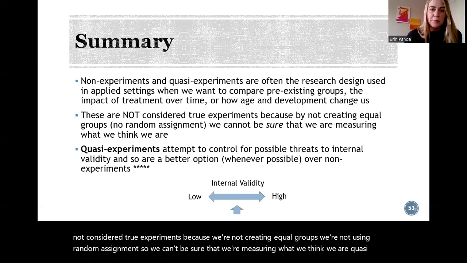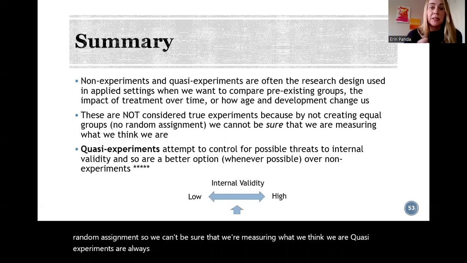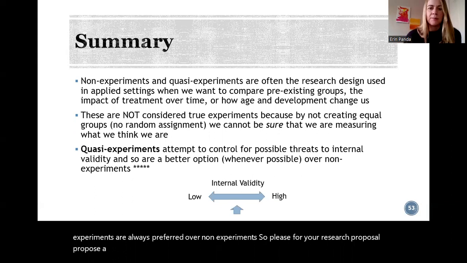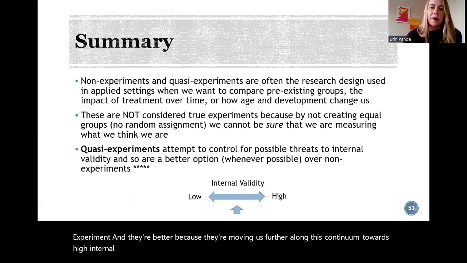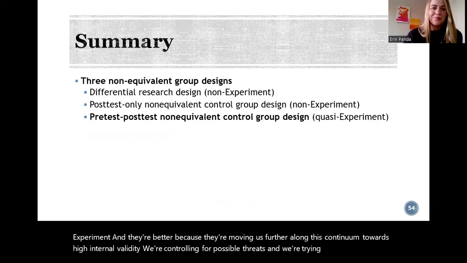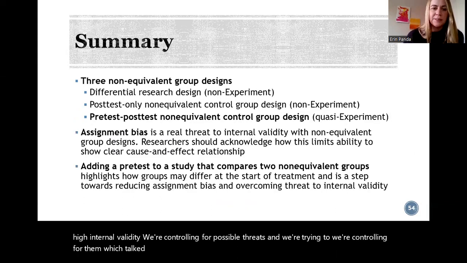Quasi-experiments are always preferred over non-experiments, so please, for your research proposal, propose a quasi, not a non-experiment. And they're better because they're moving us further along this continuum towards high internal validity. We're controlling for possible threats. We talked about 3 non-equivalent group designs.